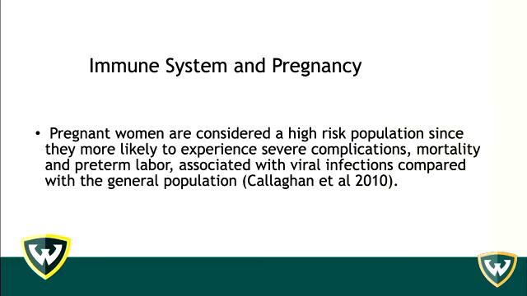The immune system in pregnancy, as I mentioned, is unique. And there is an aspect that is very important, especially these days associated with pandemics such as COVID-19, because pregnant women have always been considered a high-risk population. Why? Because they develop severe complications, such as mortality and preterm labor, in times of viral infections, in times of pandemics.